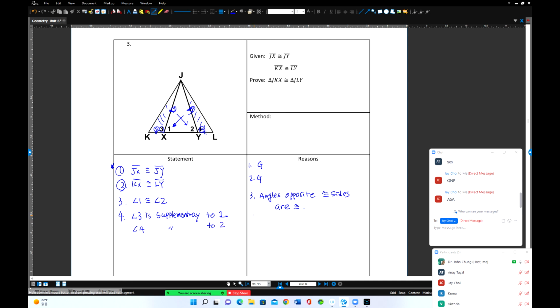Why are they supplementary? Angles that form a linear pair are supplementary.